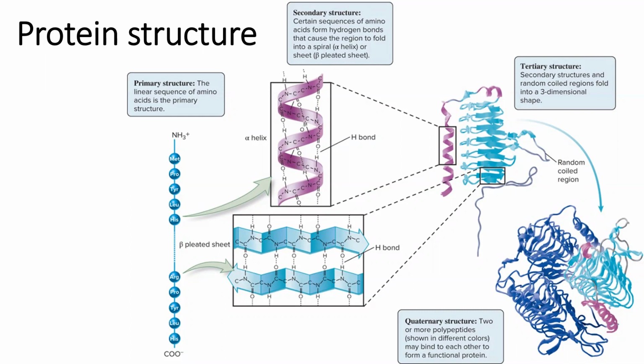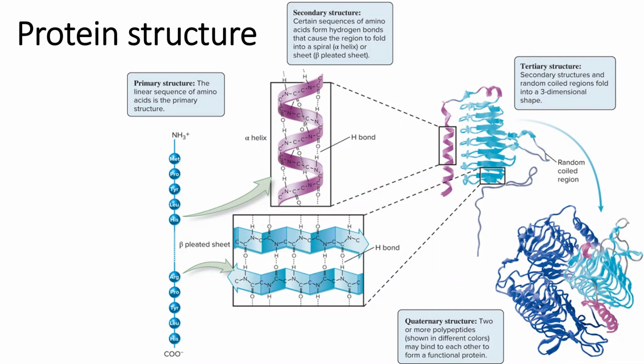You have hydrophobic interactions. So again, the hydrophobic R groups of the amino acids want to interact with one another. And then finally, you have ionic bonds. Those 5 forces together will create this amazing tertiary structure of a protein.